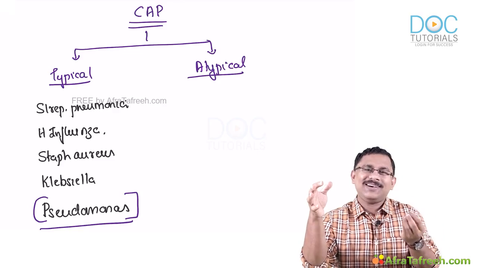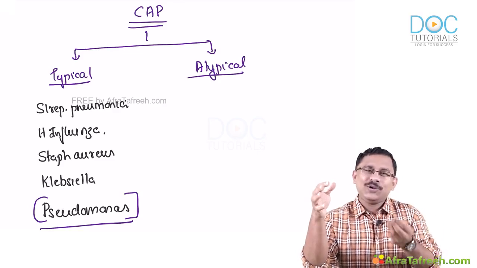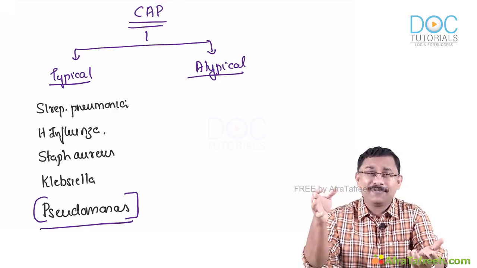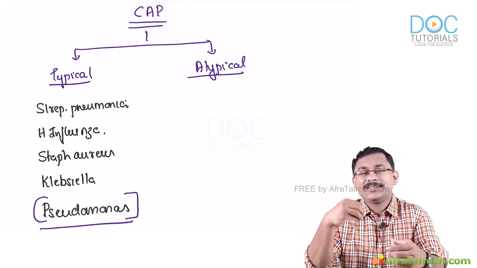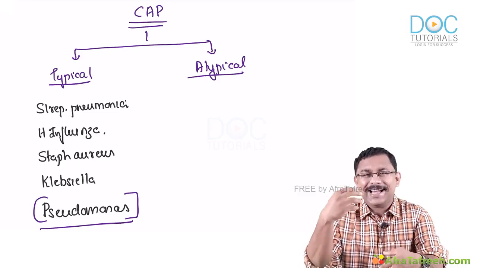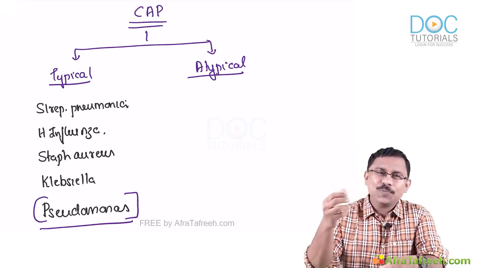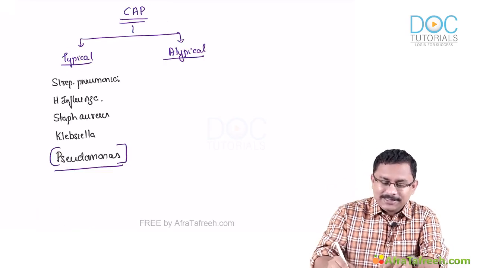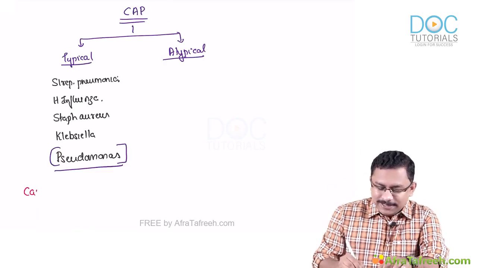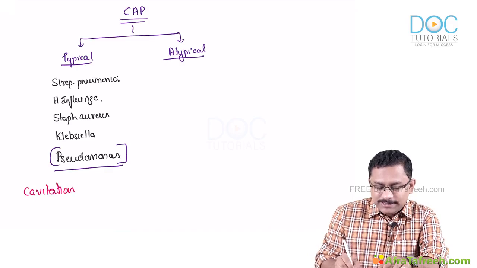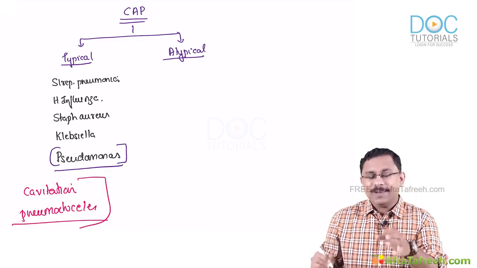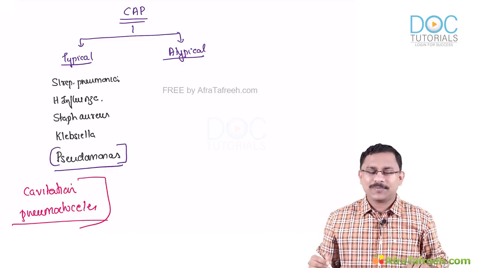Do you think a pneumococcus infection would always behave like a staph infection? No, because staph infections are likely to produce certain complications like cavitations or pneumatoceles. Cavitations and pneumatoceles are more common with Klebsiella pneumoniae and Staph aureus.